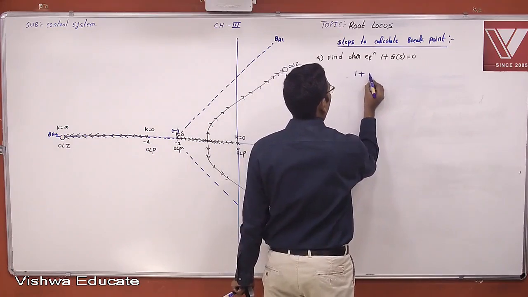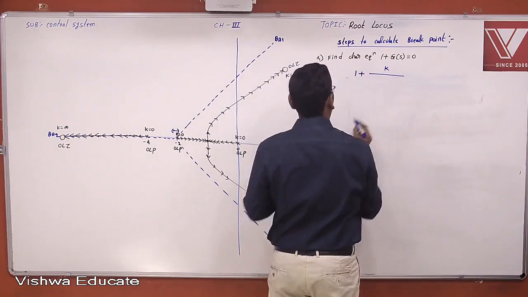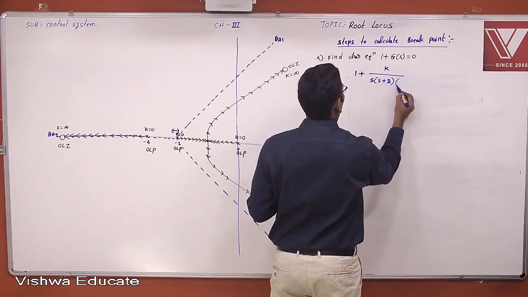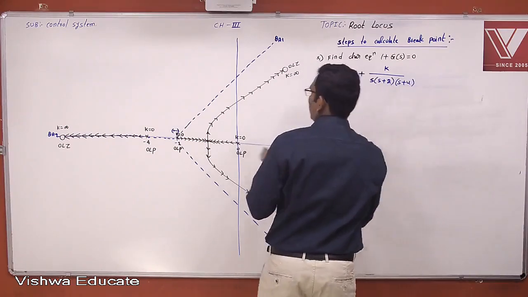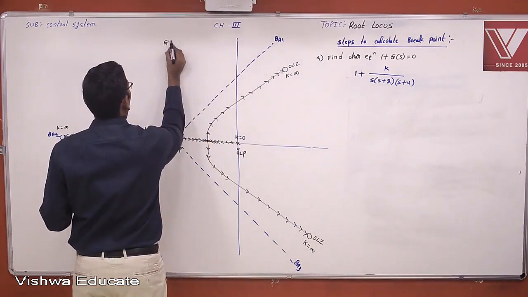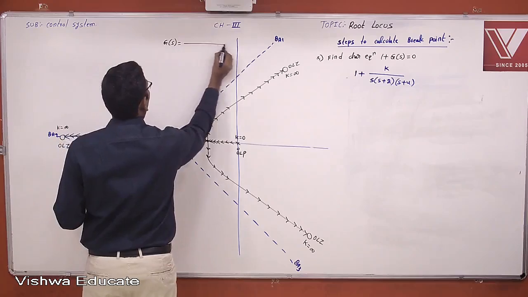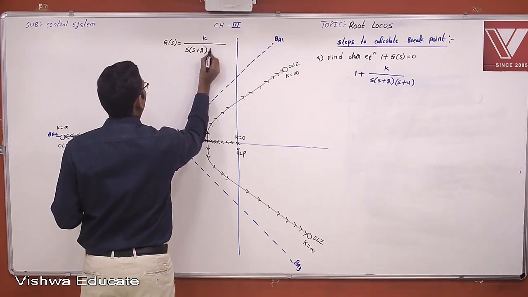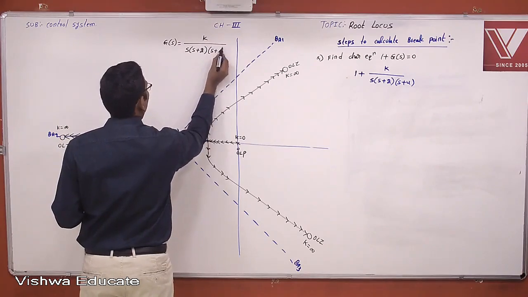1 plus G of s, where G of s equals K by s into s plus 2 into s plus 4, because this is the root locus diagram for this problem.